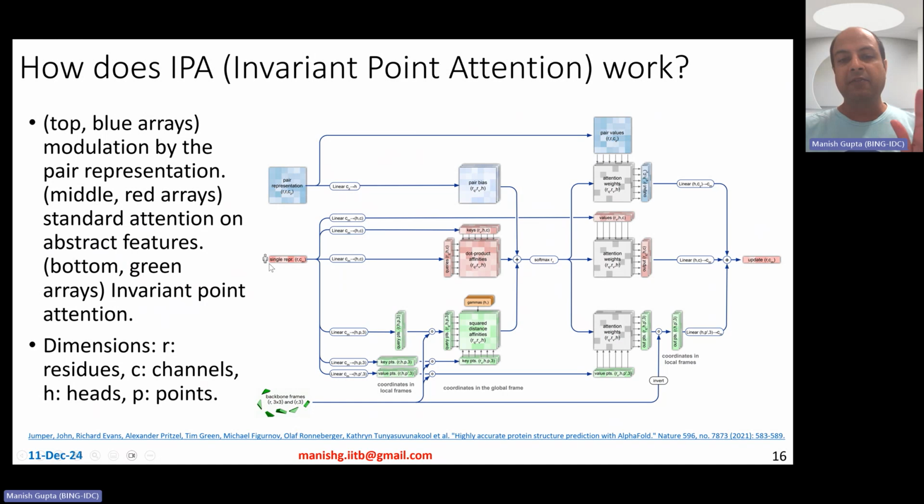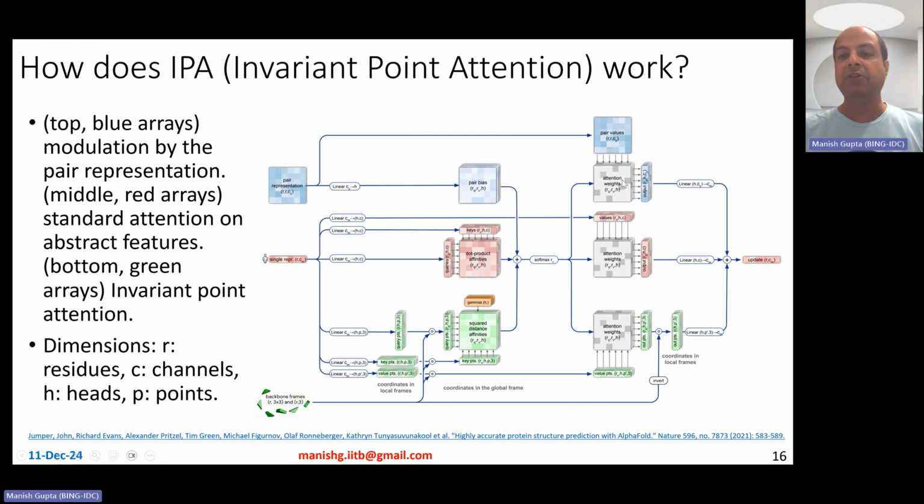The idea is that when you're computing QK transpose, you already have this residue pairwise interaction matrix in some ways, and you just add that pairwise matrix there. Okay. Of course, you can do a little bit more. What you could also do is take the same pair representation and use it to also impact a gating kind of thing.